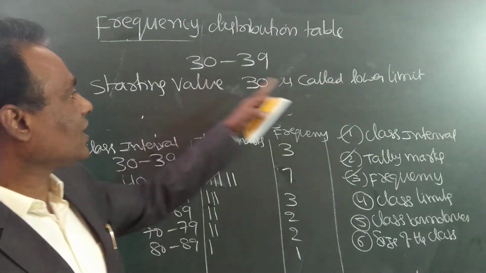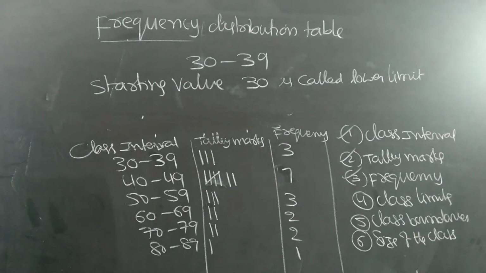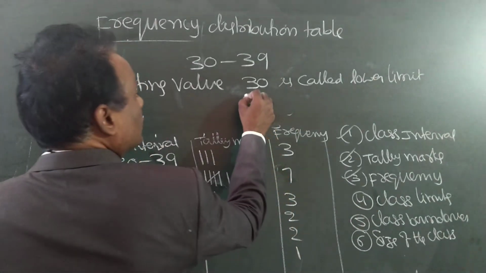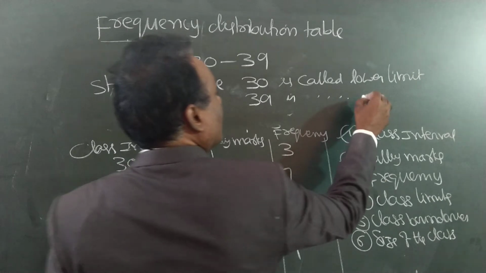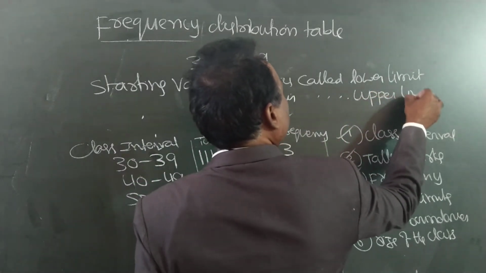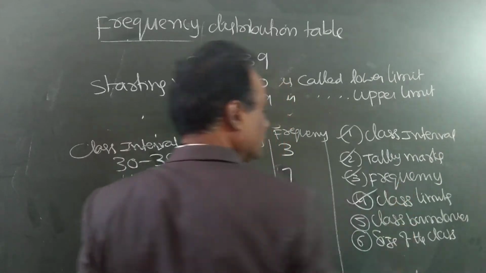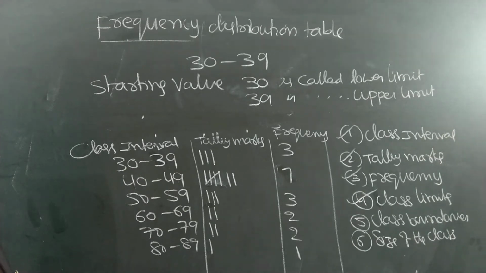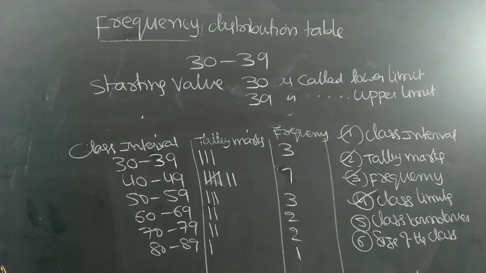The ending value 39 is called the upper limit.